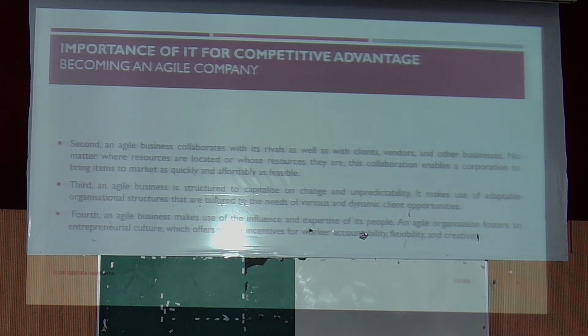Third, an agile business is structured to capitalize on change and unpredictability. I have been laying emphasis on change and unpredictability as well. Unpredictability means that maybe the situation changed suddenly, the market scenario changed suddenly. Now, an agile company should be quick enough to adapt to that change and revise their work.